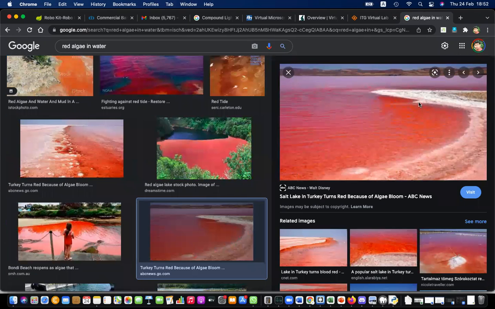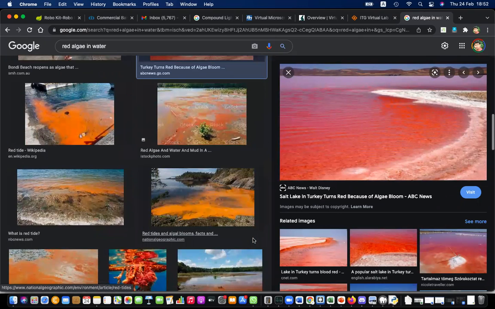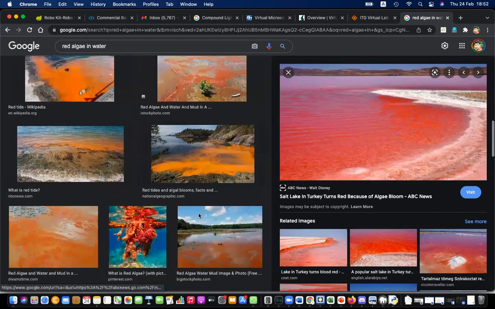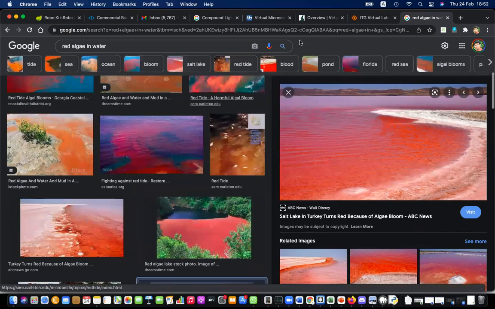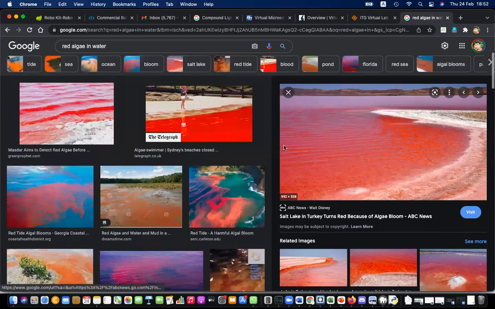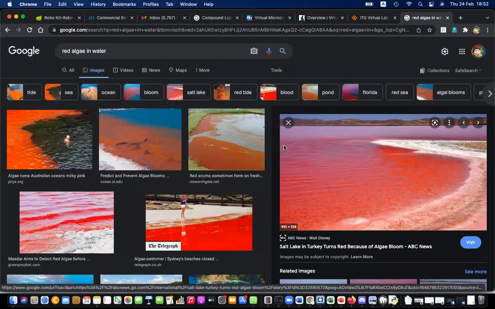I have not seen this in Sri Lanka much, but I have seen it in some videos. This is a type of algae in the ocean. It looks red in color. It looks like blood, right? This is due to algae.